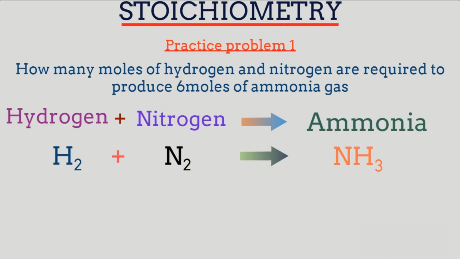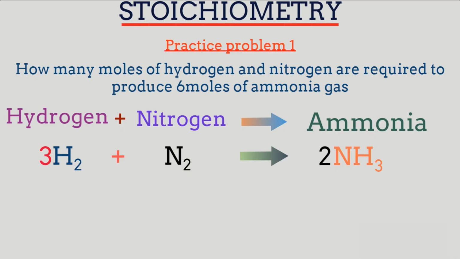Consequently, balancing the hydrogen on both sides, we add 3 to H2, making it 6 atoms of hydrogen on the reactant side, and then 2 to the product side, making it 2 atoms of nitrogen and 6 atoms of hydrogen. Because nitrogen has the same number of atoms on both sides, the equation is balanced.